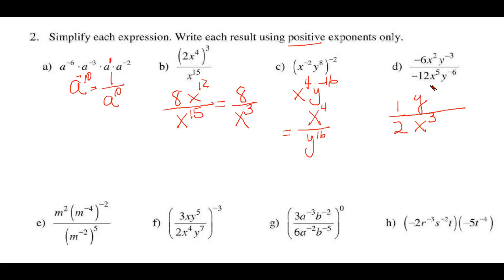So y to the third. This becomes a positive 6, -3 gives me a positive 3. Now, normally you wouldn't write the 1 here, so that when you put this in MATLAB, it would look like so. Now, if you did put the 1 there, I don't think they'd count it wrong, but I'd give you credit.